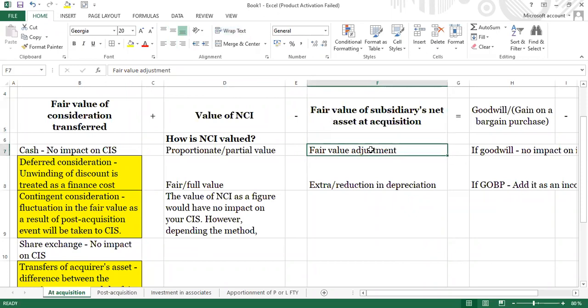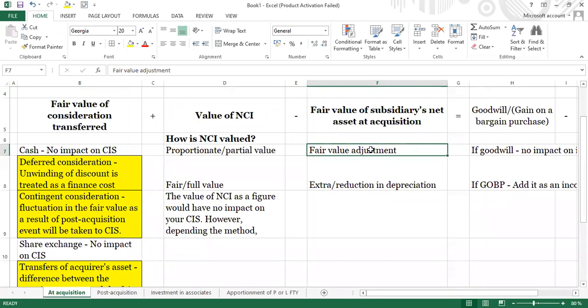First, there is the concept of fair value adjustment. That's when the question will tell you that the fair value and the carrying amount are the same, with the exception of an item of maybe PPE. Most times they like PPE, or an item of intangible assets with a useful life. They like 5 years or 10 years.